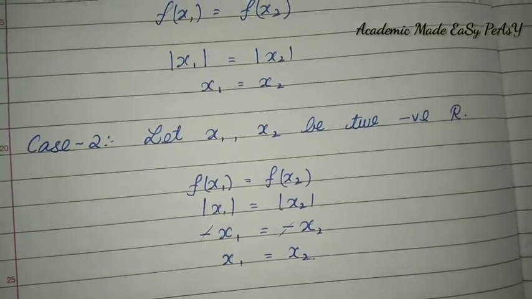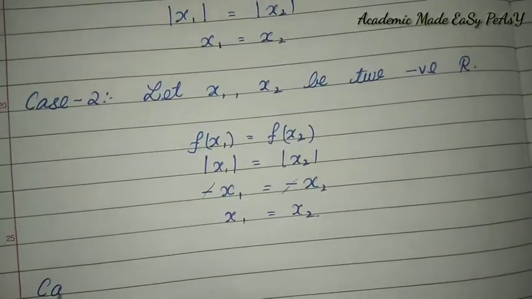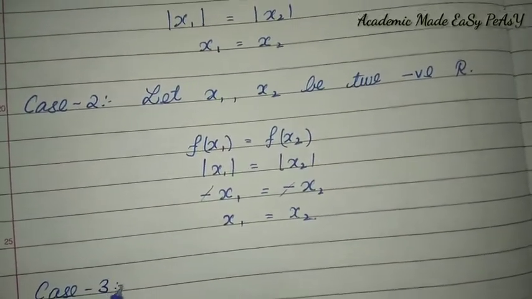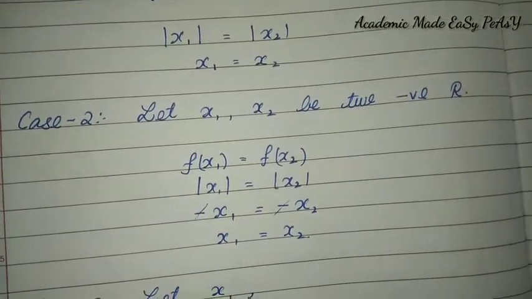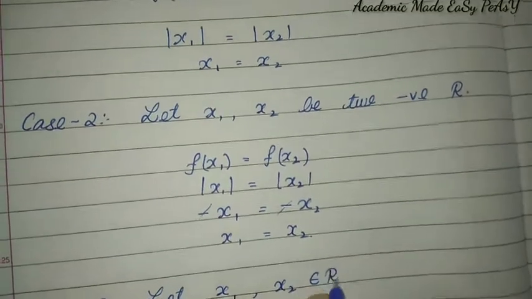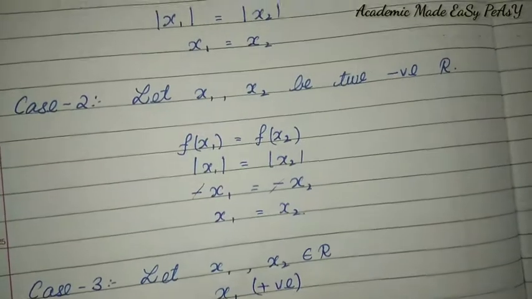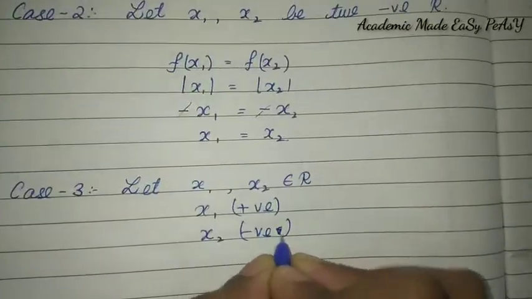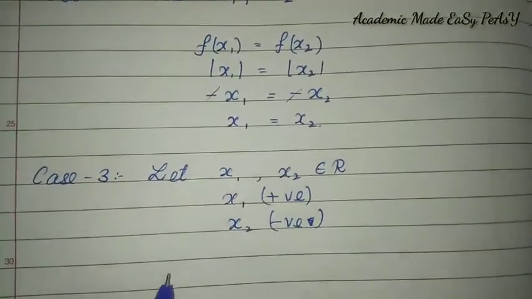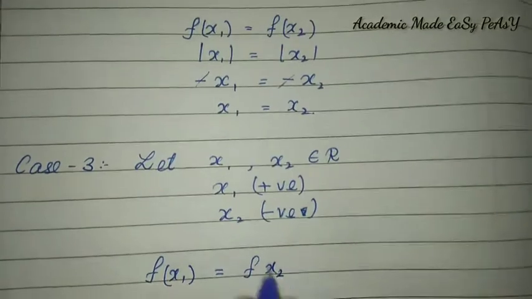What if one x is positive and the other x is negative? Let's check. Case 3. Let x1 comma x2 belong to R, where x1 is positive and x2 is negative. Okay, so f of x1 is equal to f of x2.